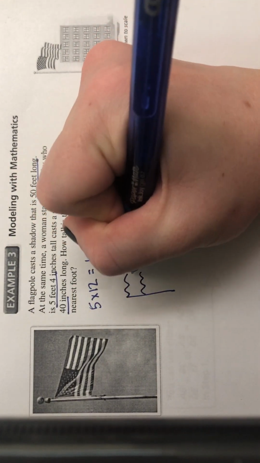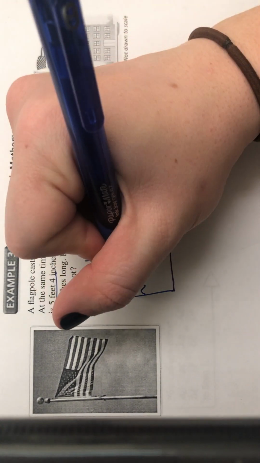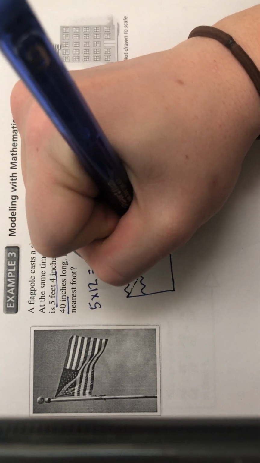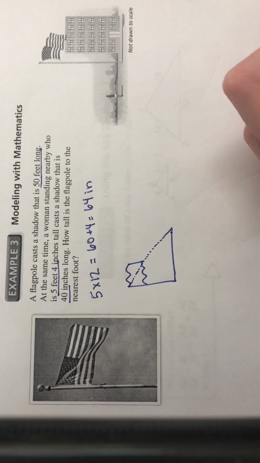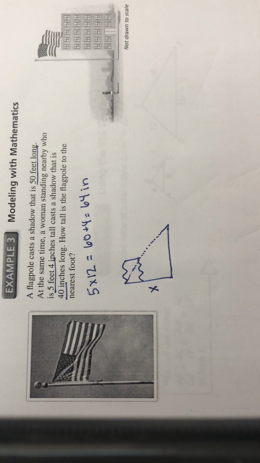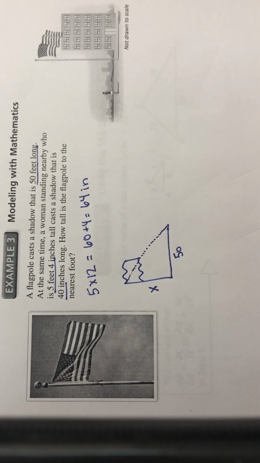I'm no art teacher. Okay, and then this shadow on the ground. Okay, if I pretend to connect these, it makes a triangle. I don't know how tall my flagpole is, so that's X. And I know that its shadow is 50 feet.